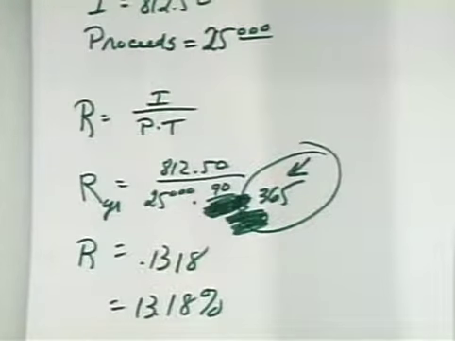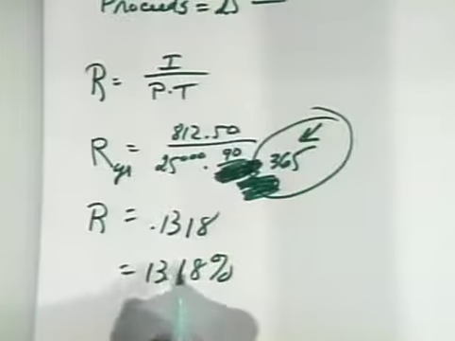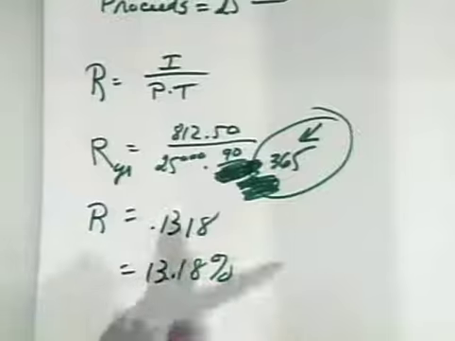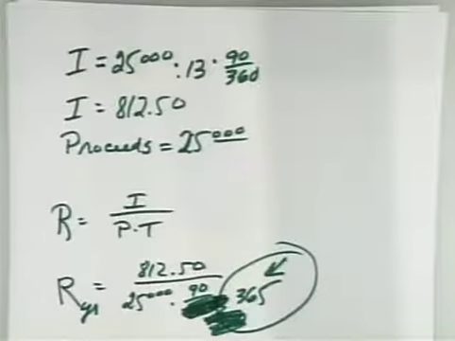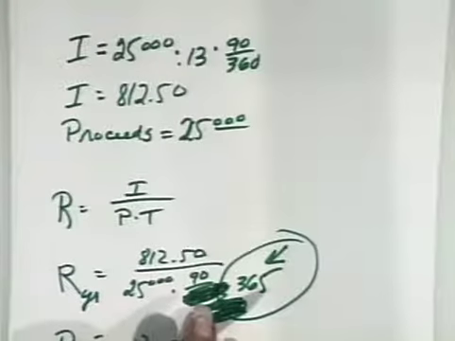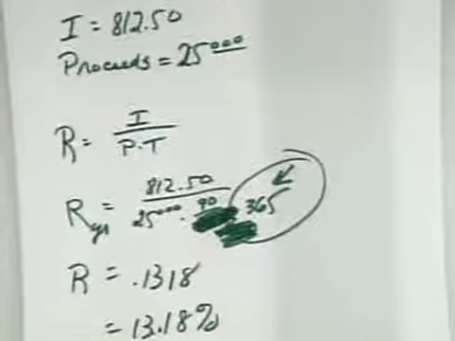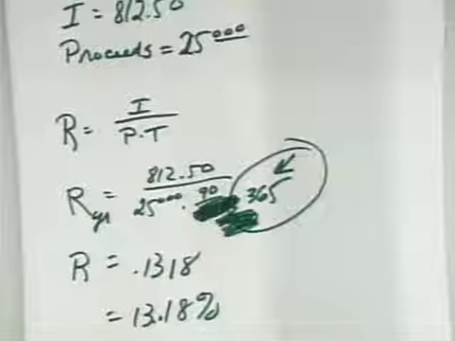Truly, to be correct annually, it's 90 days out of a true year, which would be 365 days. So do we just disregard it? No, you use it to calculate the interest, but to convert it to an effective rate, the time down here has to be a real year. What part of a year did you use? And it's 365. So we'll always use the 365.